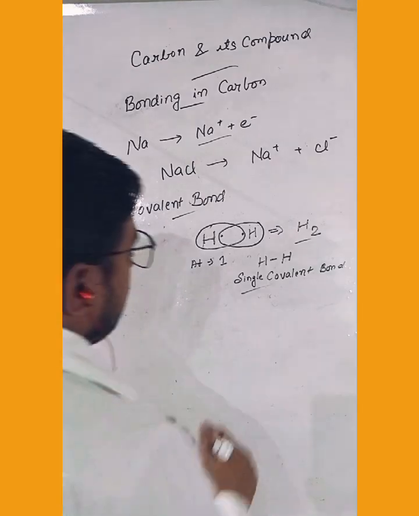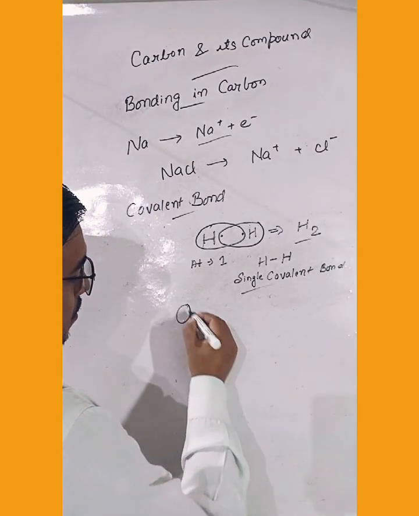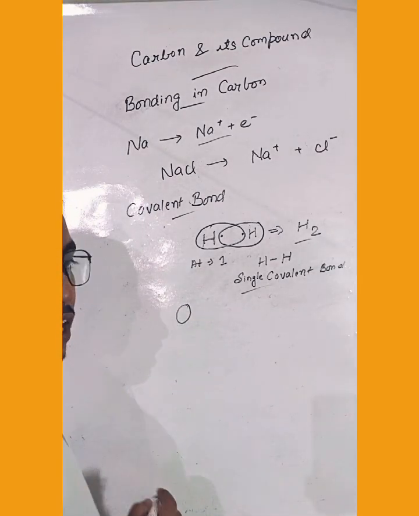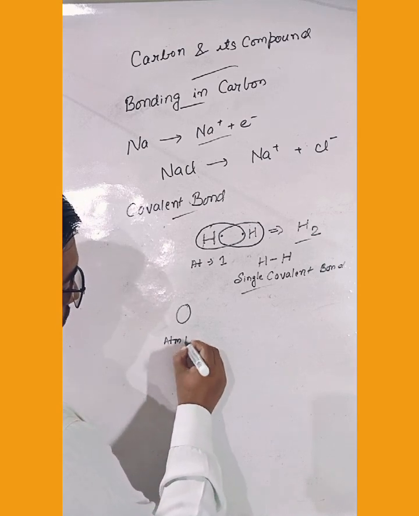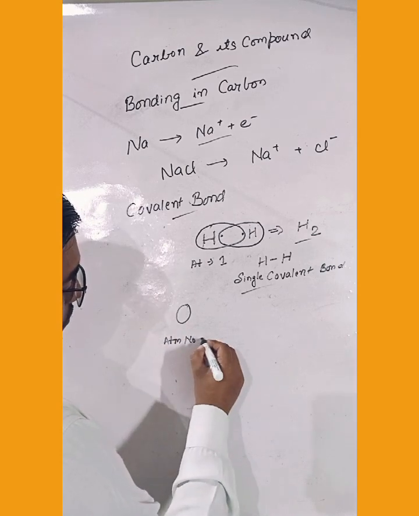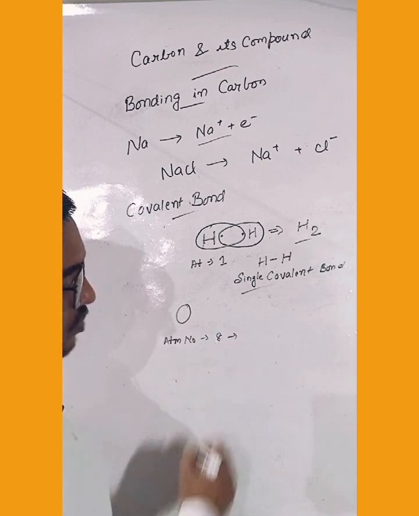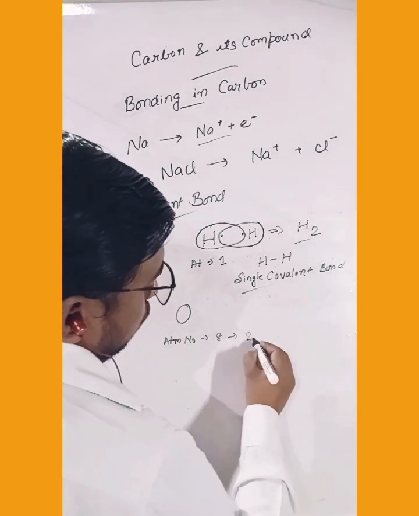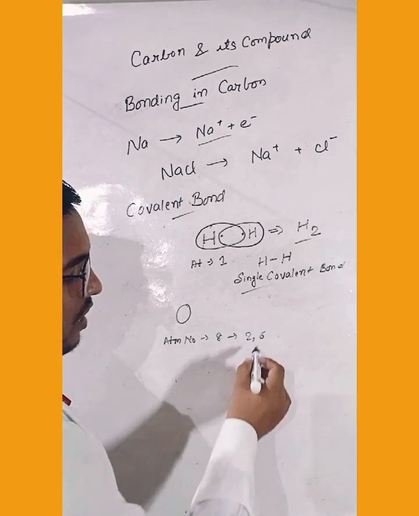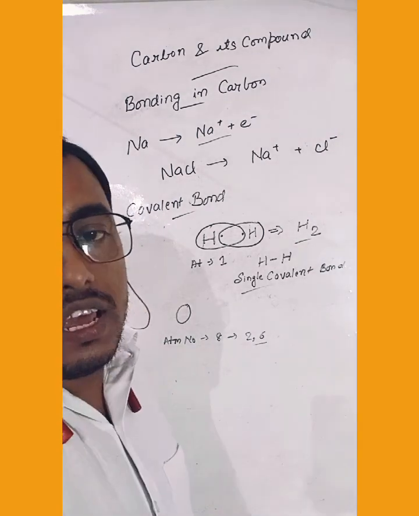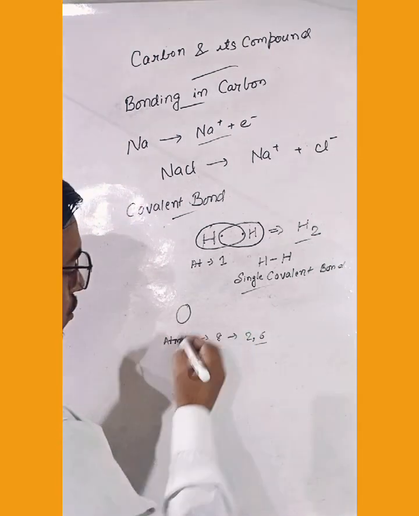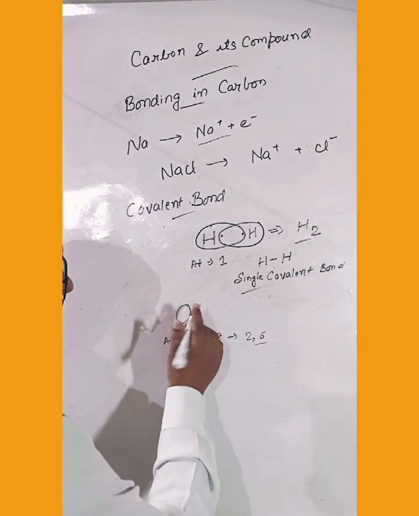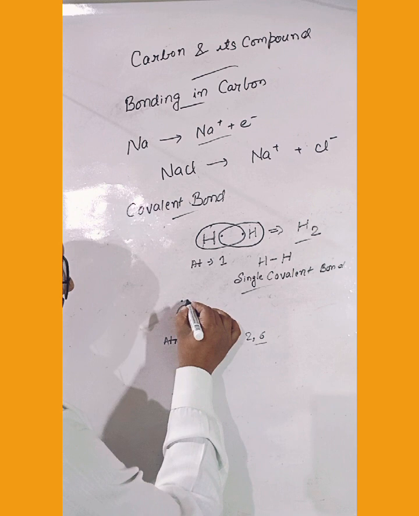Taking another example, oxygen. Oxygen has atomic number 8, so its electronic configuration is 2,6. As you know, it has 6 electrons in its valence shell, so you have to draw 6 electrons.